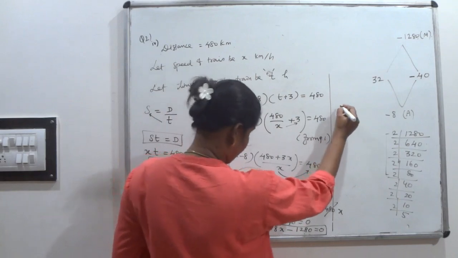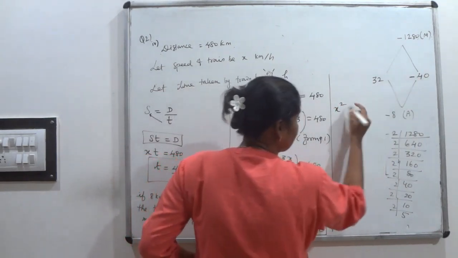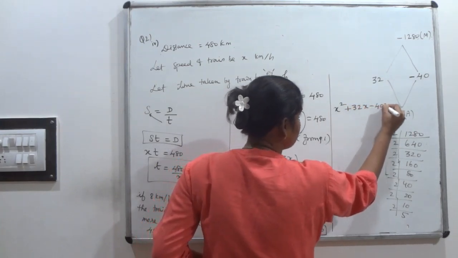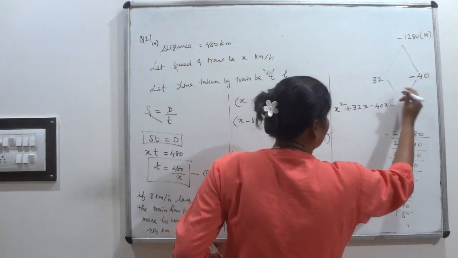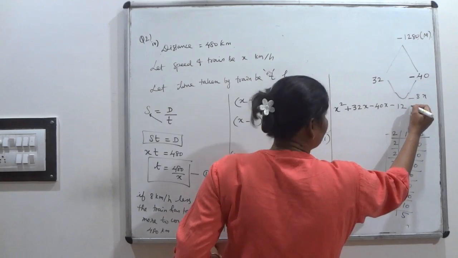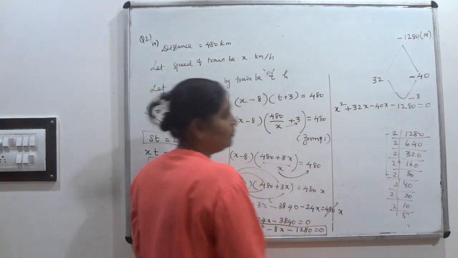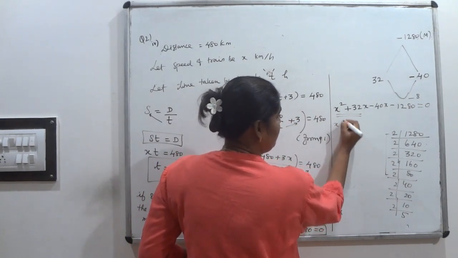Write it here. This is x square minus 8x. I can split it up like this: plus 32x minus 40x minus 1280 equal to 0. See now, in these two terms, what can you take as common? x.